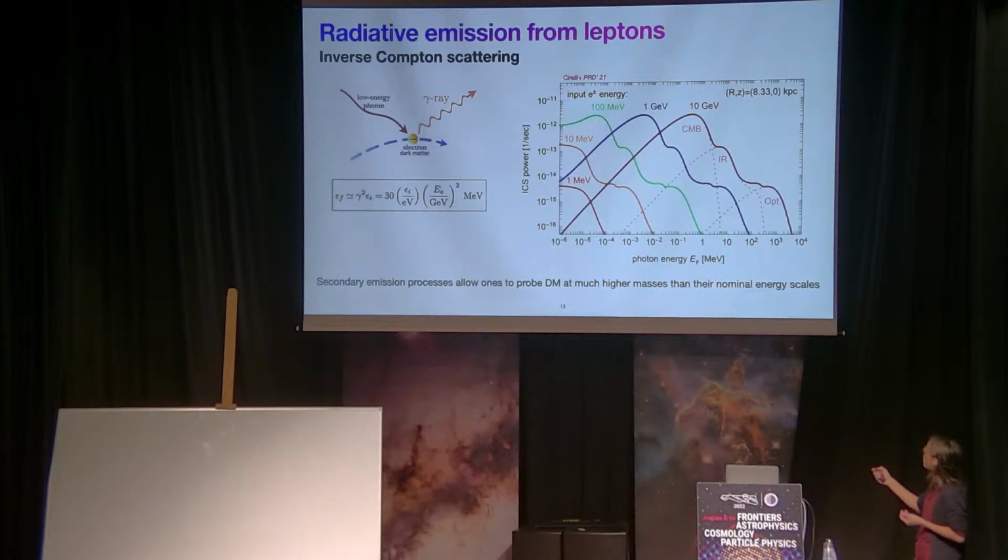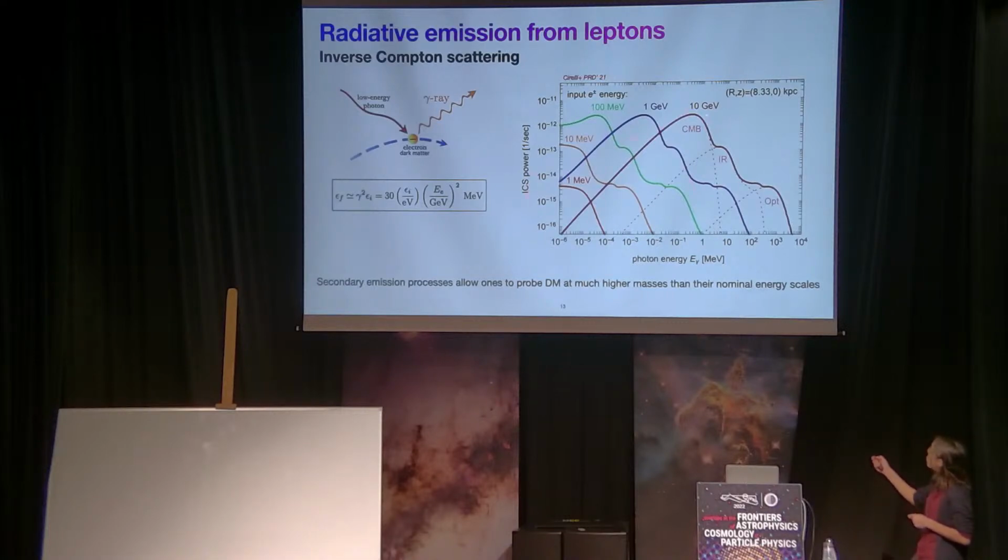So let's suppose that you have a 10 GeV dark matter particle, but you would expect to have photons only at tens of GeV, but as a matter of fact, because of inverse Compton it relates photons through this formula, and depending on the energy of the electrons, you can also have a signal in the MeV band thanks to the CMB. So you can use, for example, hard X-rays, that you wouldn't expect to be able to probe masses of dark matter at the GeV scale, to probe sub-GeV or GeV dark matter.